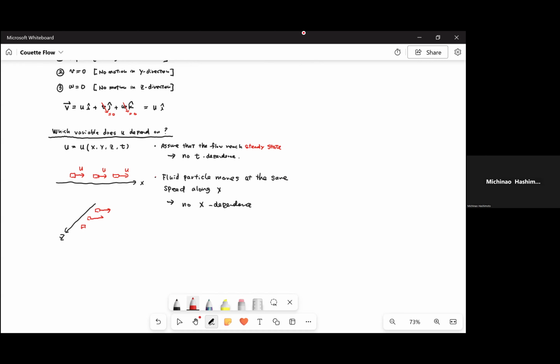As long as the fluid particles are aligned at the same level, the same xy plane, the location along z also shouldn't matter. The same thing: fluid particles move at the same speed along x and also along z. This tells us there is no z dependence.